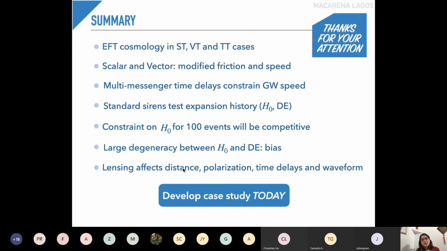Now, the other thing that concerns polarization and time delays and waveform is that gravitational waves could have a rather large wavelength compared to astrophysical sizes.